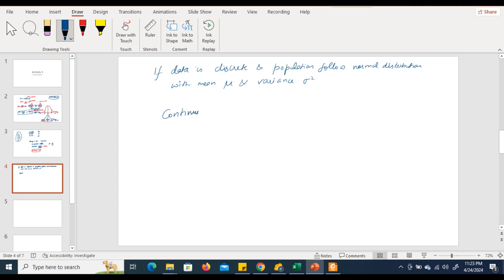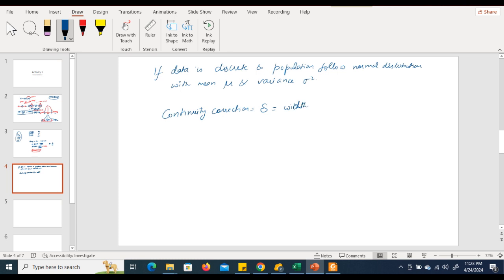What is the continuity correction? Say it is denoted by delta. Then delta is equal to the width of the interval.